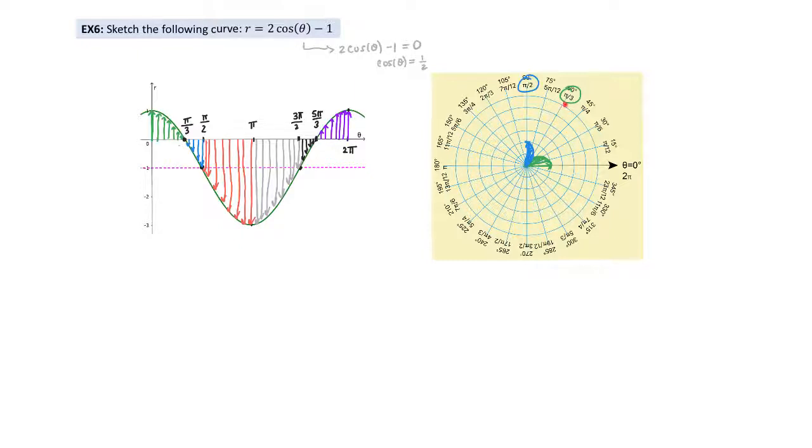This was from pi over 3 to pi over 2. Pi over 3 is going to lie on this opposite side over here. Pi over 2 on this opposite side right here. I would like to quickly mark that so that I don't forget. So negative 1 will be there. And then we said pi over 3 is going to be somewhere here.